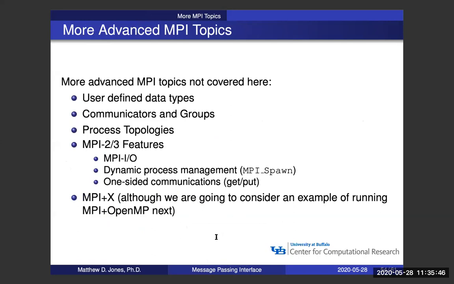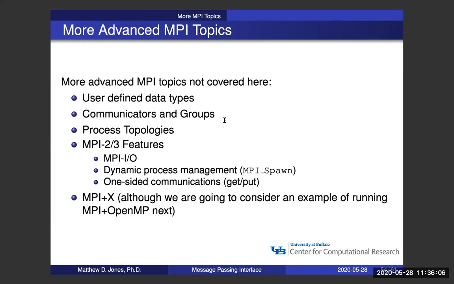Other things that we don't have time to talk about today: user-defined data types, right? You can construct your own user-defined data types as opposed to relying on just the fundamental data types for sending messages back and forth, and there's an extensive set of routines that MPI has for doing that. Constructing different communicators and groups is particularly useful if you're writing a library, right?